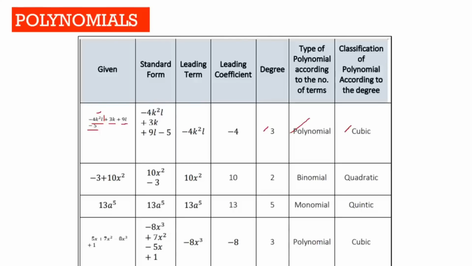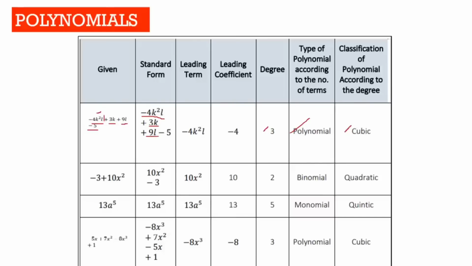And let's continue with writing the standard form. The first term is then negative 4k squared L because its degree is 3, followed by 3k with the degree 1, and 9L with the degree 1 as well.